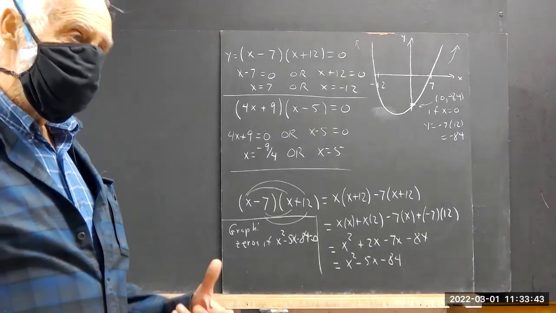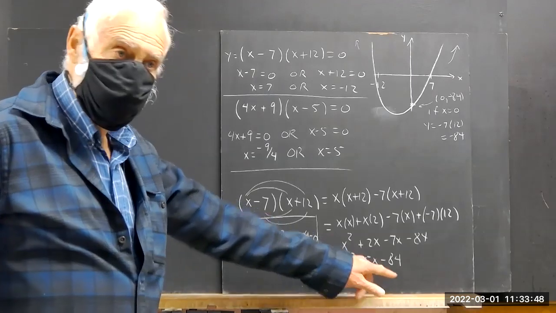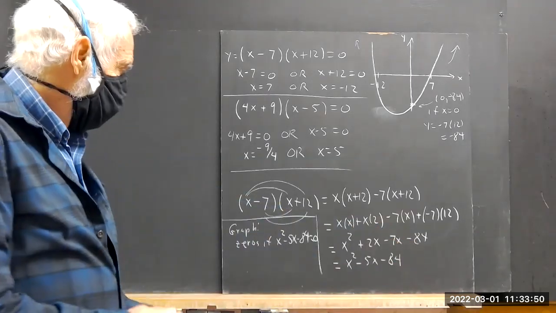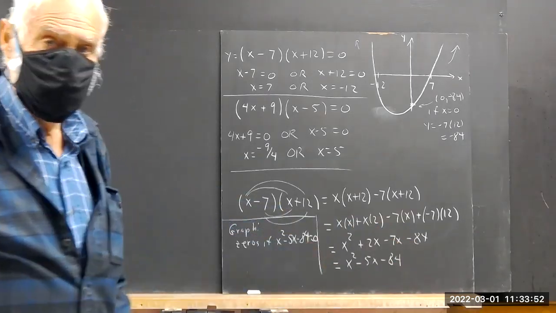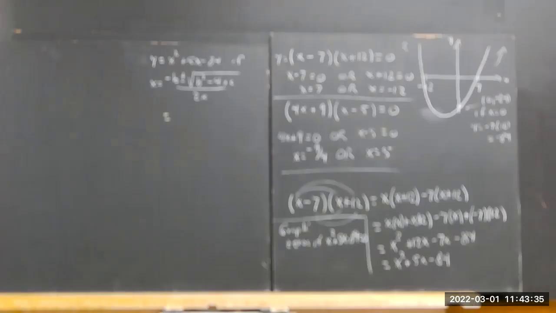Okay. Now let's take a minute. This says it's not written very well, but it's written well here. Set that equal to 0 and see what the quadratic formula tells you about it. Okay.